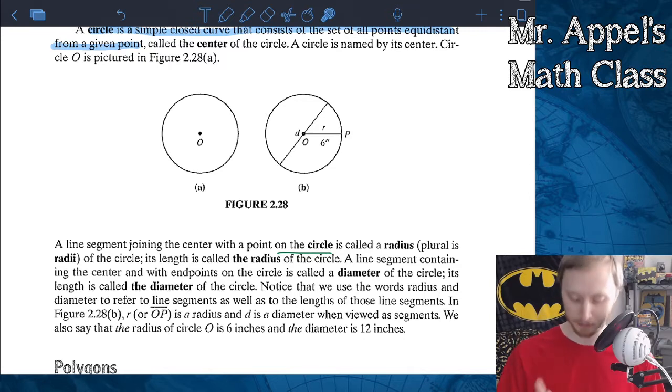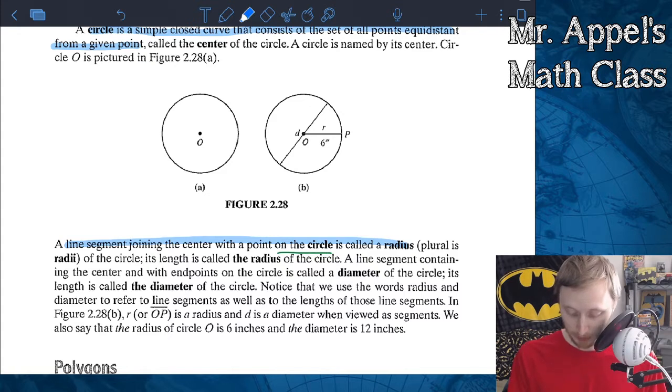That would be a disk. So a line segment joining the center to a point on the circle is called the radius. Plural radii. So you pronounce both of those I's in two different ways. Radii. Funny old Latin. There you go. Its length is called the radius of the circle.